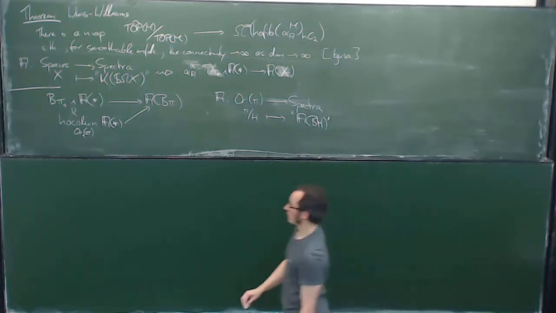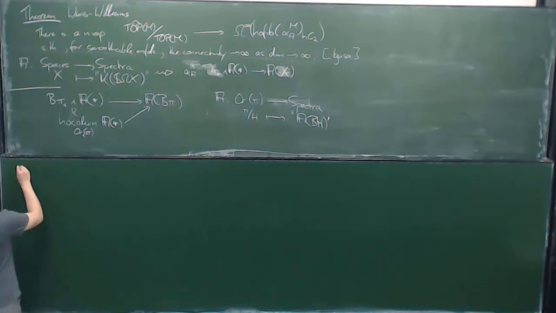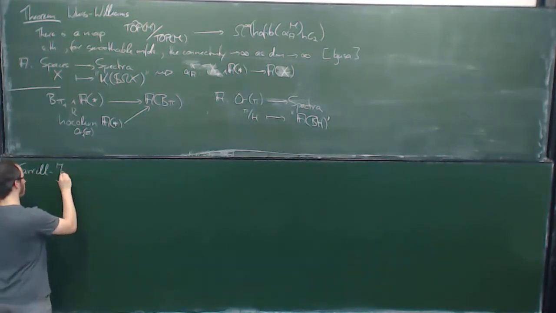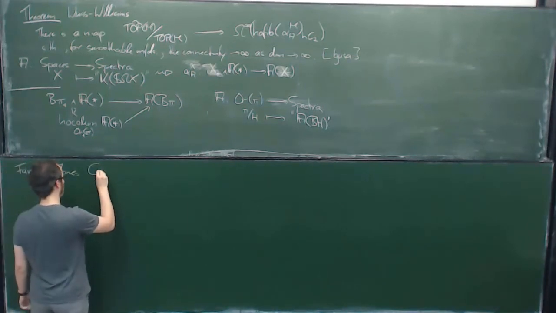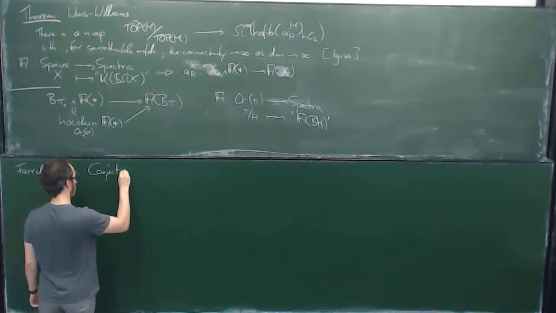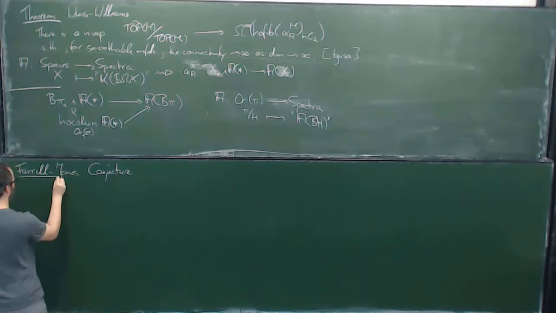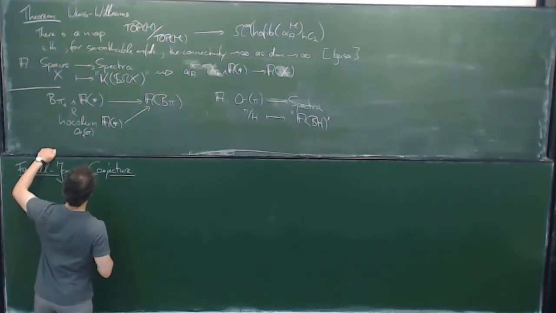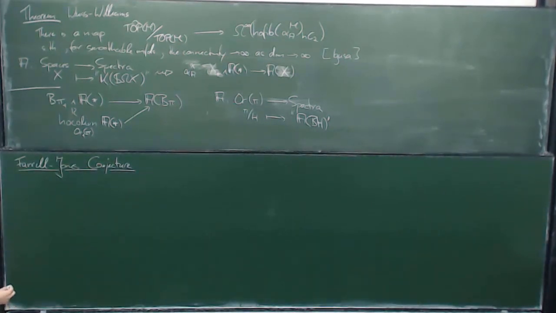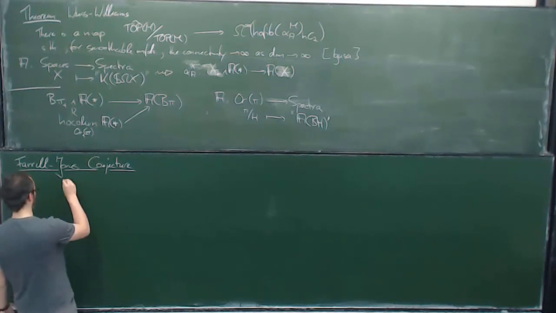So the prediction that the Farrell-Jones conjecture makes is that this functor that we are considering is not induced from the trivial subgroup, but it is induced from the family of virtually cyclic subgroups.